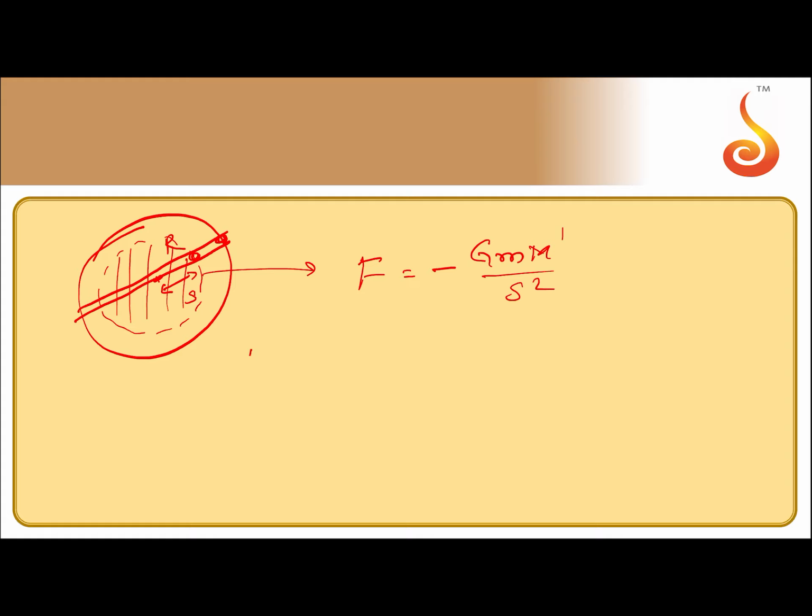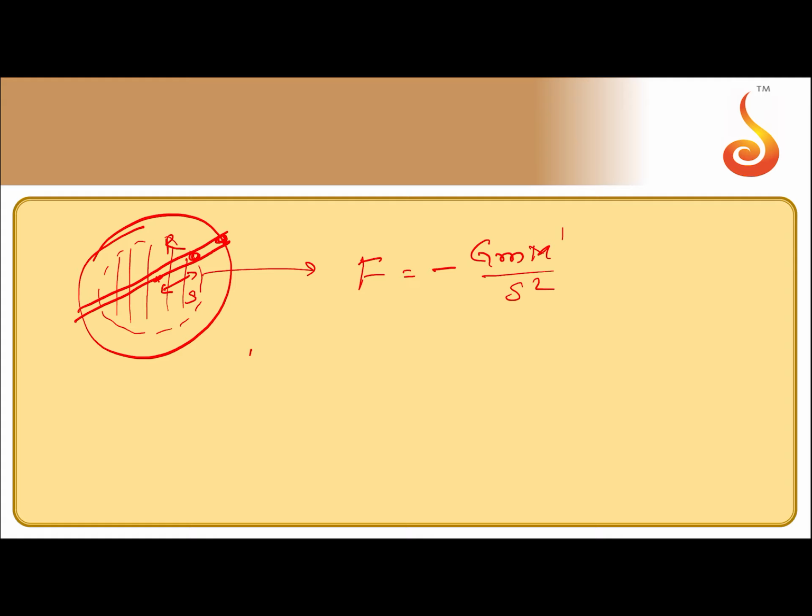So to find it, I will write m divided by 4 by 3 pi, diameter is given, so d by 2 cube, should be equal to m dash divided by 4 by 3 into pi into s cube. That gives us the value of m dash.